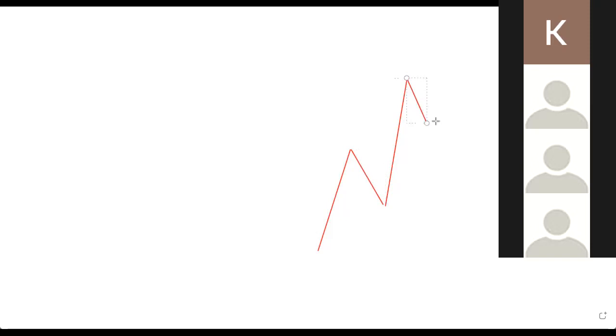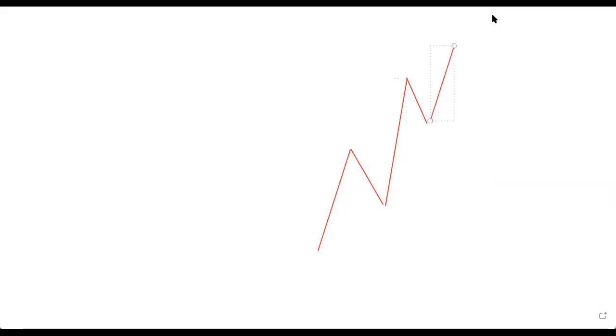Meaning, we have a high, we retrace, we get a low, we continue with the upward direction, breaking the previous high here. We get another high. We have a low. We break the previous high, going with a new direction.